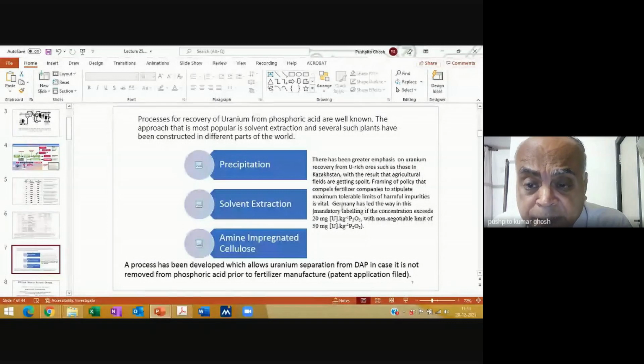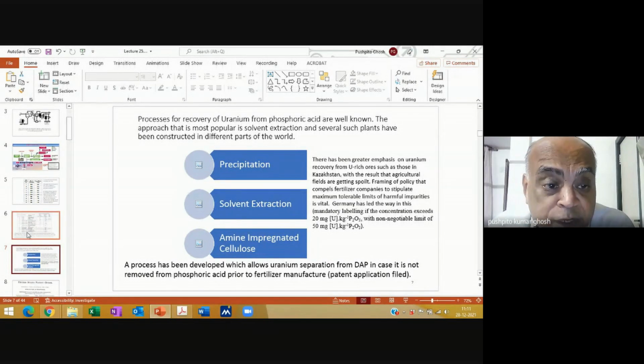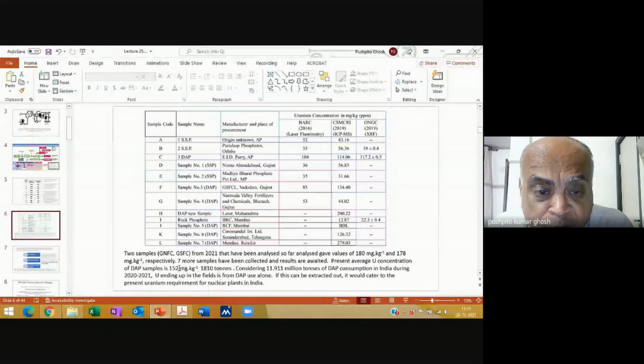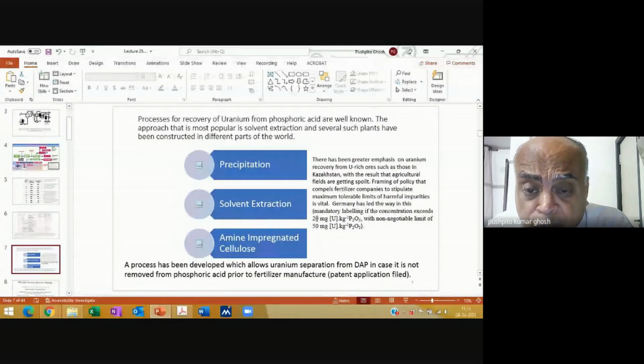And in Germany, what they have done is, I don't know whether it's been finally implemented, but they had suggested that if you have more than 20 milligram uranium per kilogram P2O5, this value will be close to about 300. That's the average level that we have. So that if it is more than 20, there should be a mandatory labeling on the fertilizer which says that it has more than 20 milligram uranium per kg P2O5.